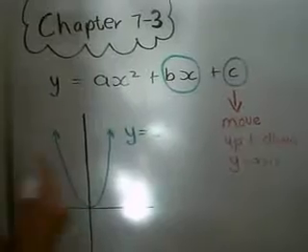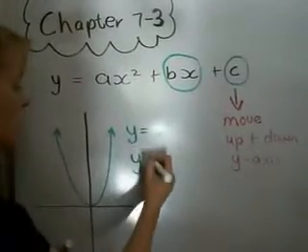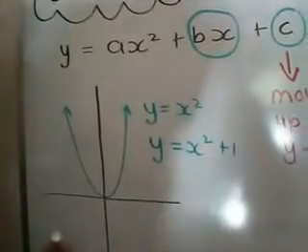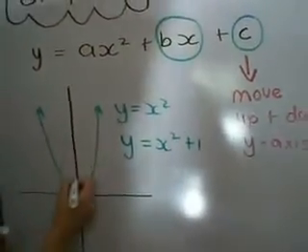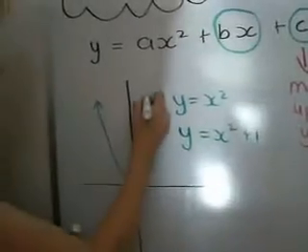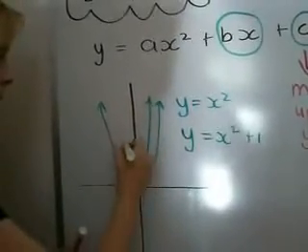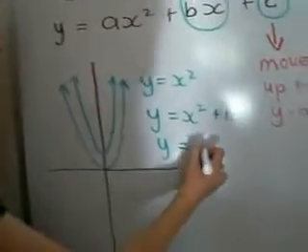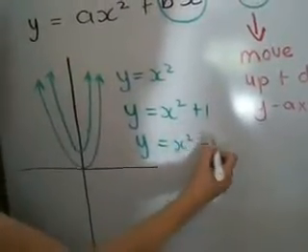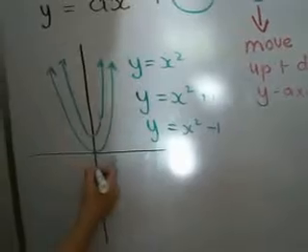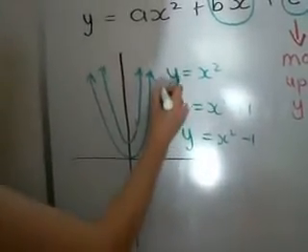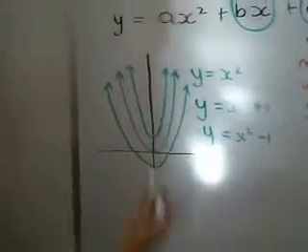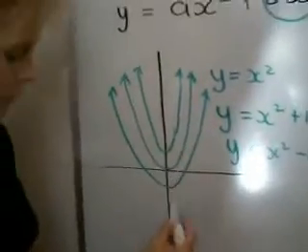So if I, for example, say y is equal to x squared plus 1, then this graph is going to move up 1 unit. If I would say y is equal to x squared minus 1, it's going to move 1 unit down from the original equation.